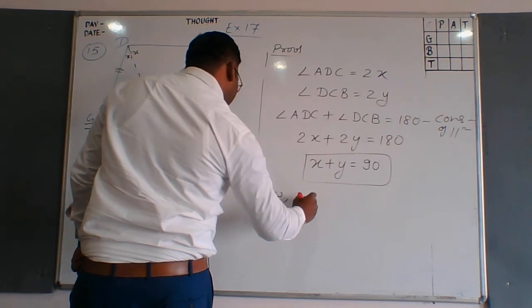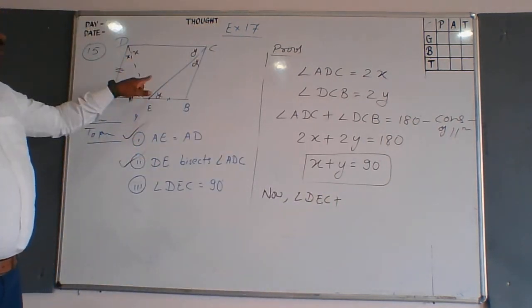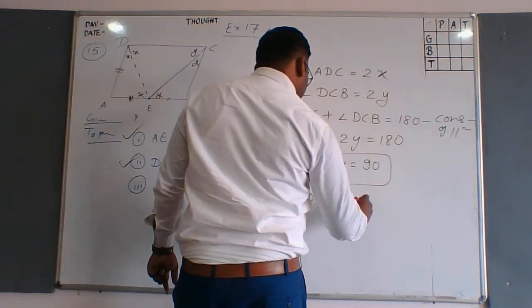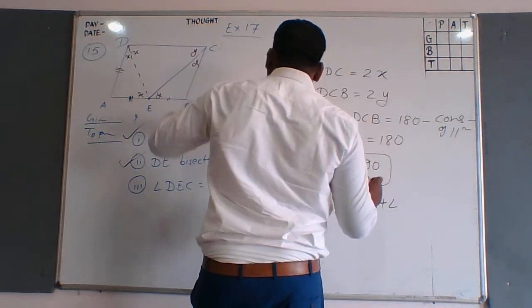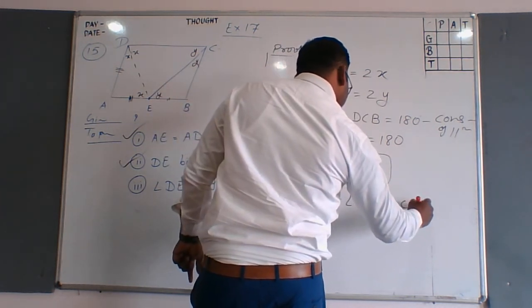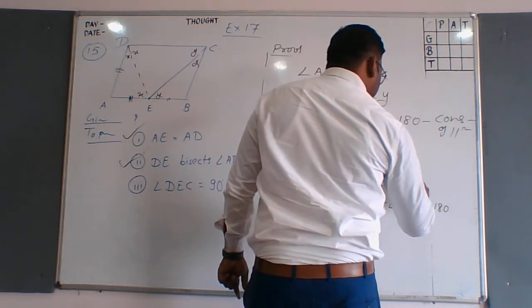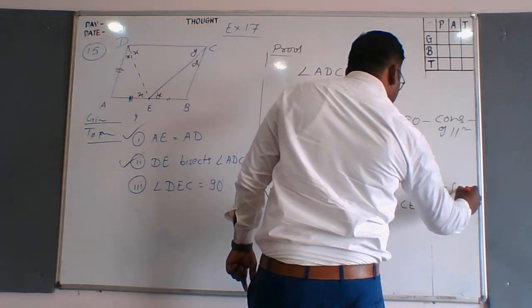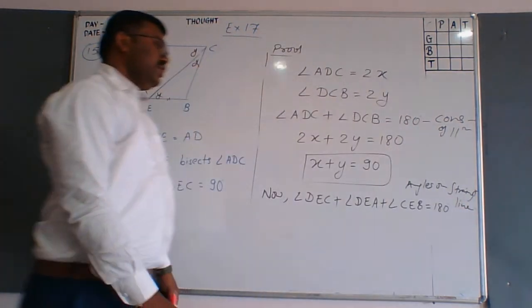Now angle DEA plus angle DEC plus angle CEB is 180 degrees. Reason is angles on a straight line.